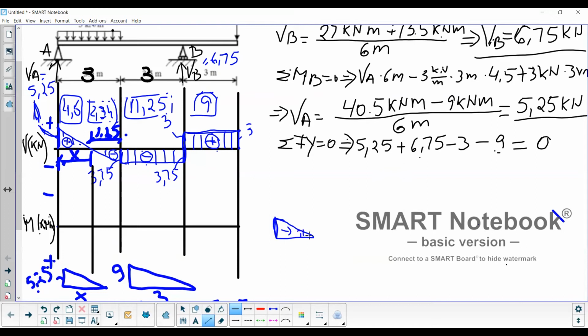Think of it as a skiing slope: you go fast and then you go slow. So having this in mind, draw your diagram like this, fast and then slow. And when you have your shear diagram the other way around, slow and then fast. So starting here, your diagram will look like this, slow and then goes fast.